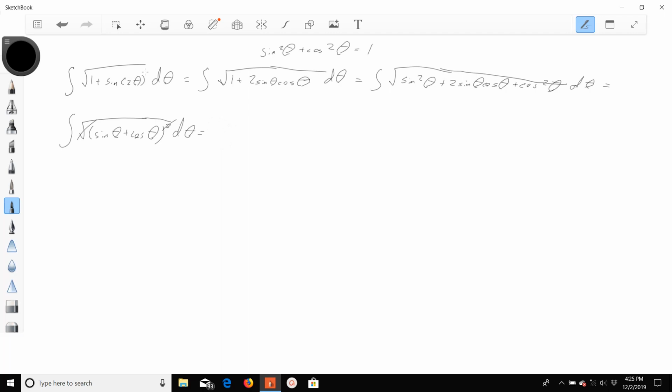So now we just have the integral of sine theta plus cosine theta, which becomes sine theta minus cosine theta plus c. That's it. And we're done.